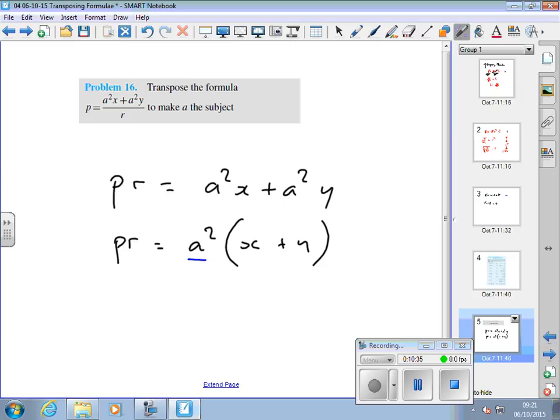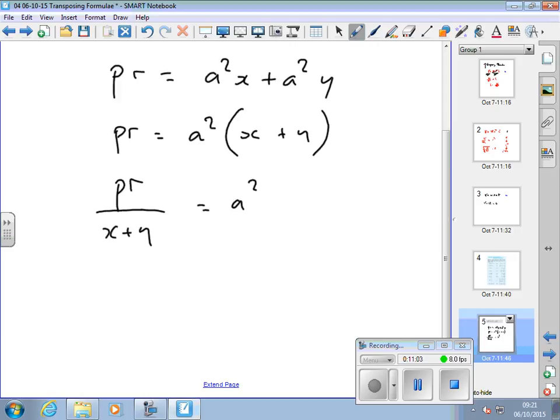If I divide by this whole bracket, x plus y, I can cancel the whole thing, because whatever that is, x plus y is a number, it's the same underneath, so they can cancel out. So divide both sides by x plus y: PR over x plus y equals a squared. I can leave the bracket around the x plus y or leave it off. It's not essential now to put the bracket in.